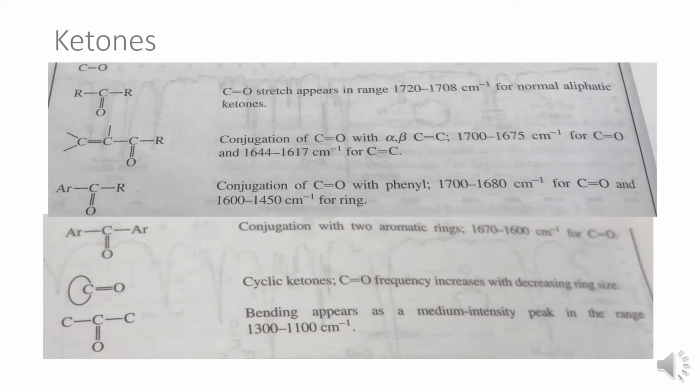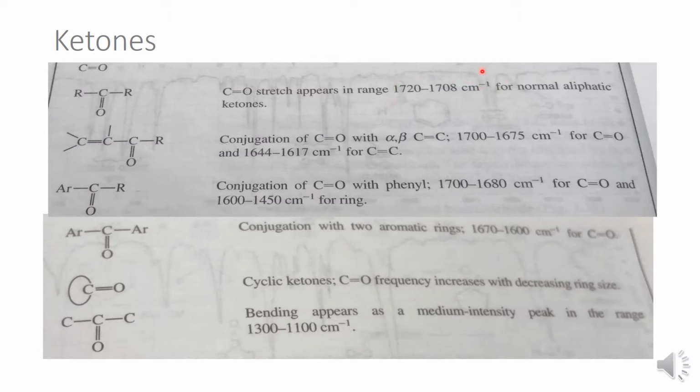For a normal aliphatic ketone, the carbonyl stretching frequency is in the range 1720 to 1708 per centimeter. That is the normal carbonyl stretching frequency, 1720 to 1708 per centimeter.